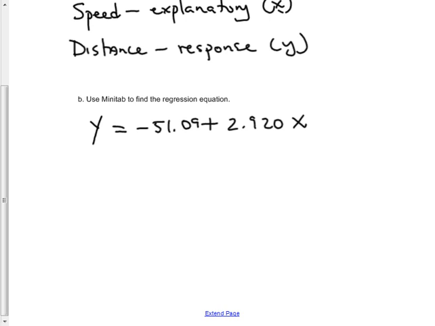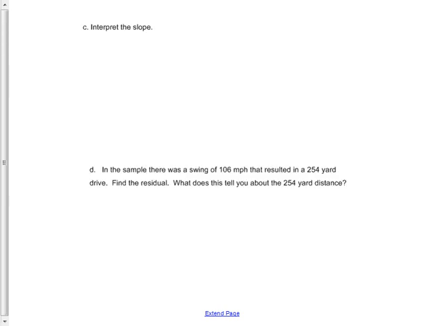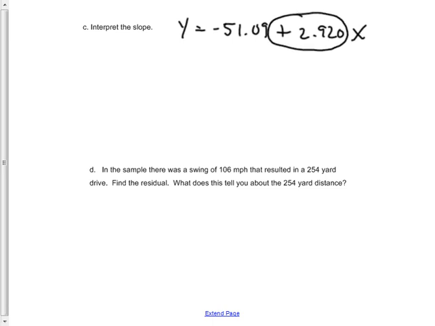Now let's see what we need to do for this one. Interpret the slope. All right, so it's another positive slope. There's our slope again. A positive slope means an increase. So there's an increase in y, which was the distance in yards.